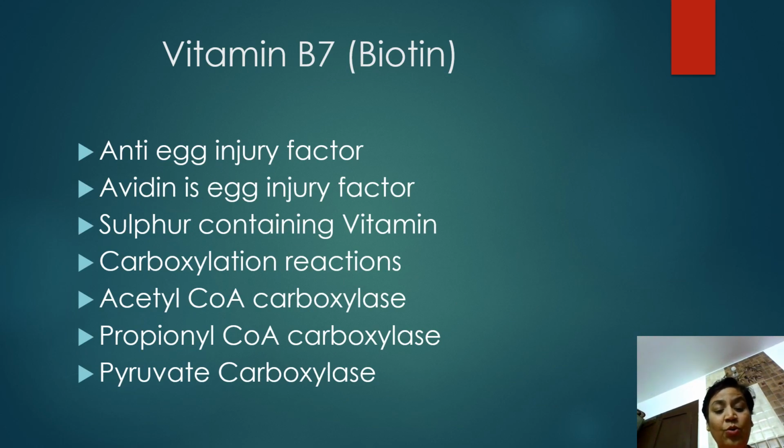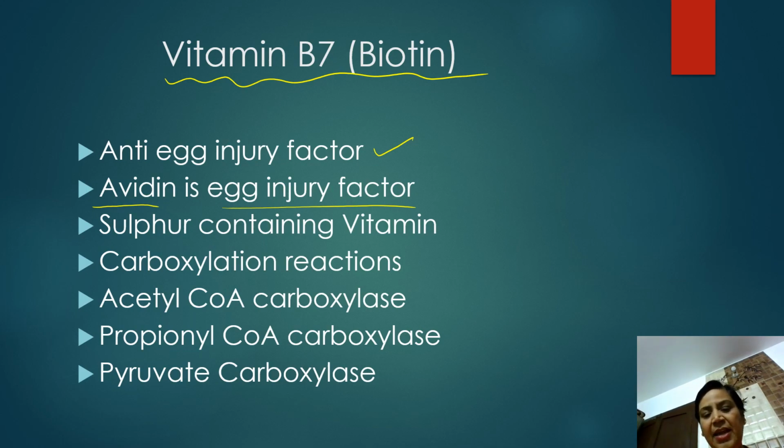Then we come over to another very important vitamin, which is vitamin B7. Now see, vitamin B7 is also known as biotin. It is known as the anti-egg injury factor. The antagonist of this is avidin, which is an egg injury factor, which actually retards the absorption of this from the intestine.